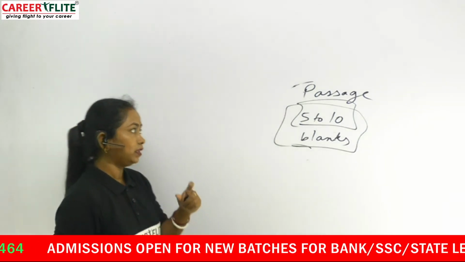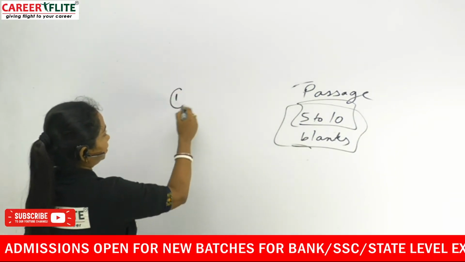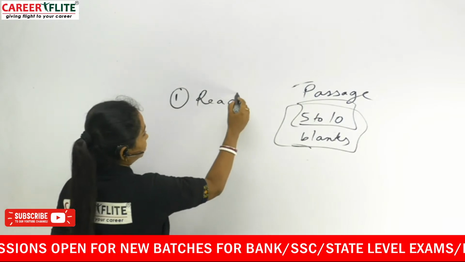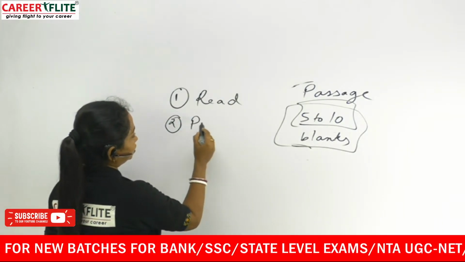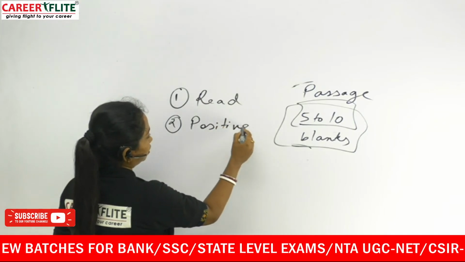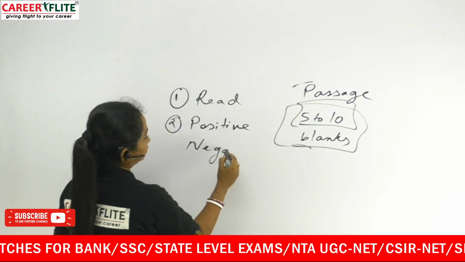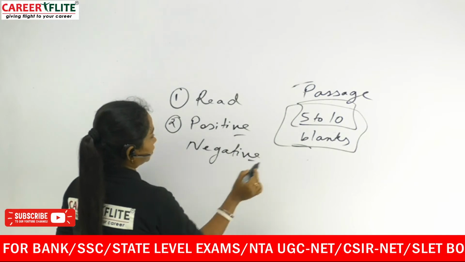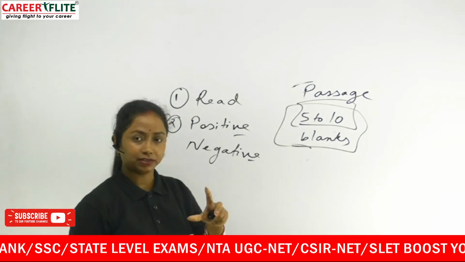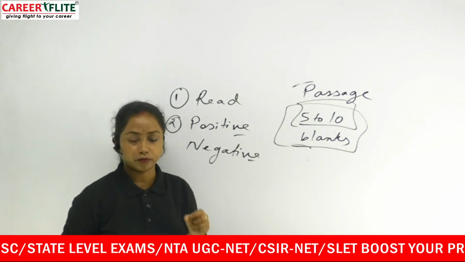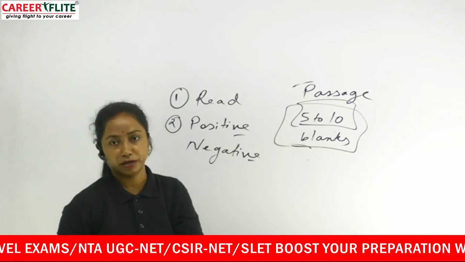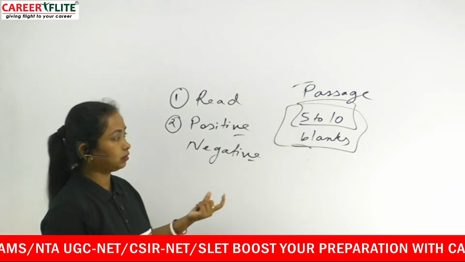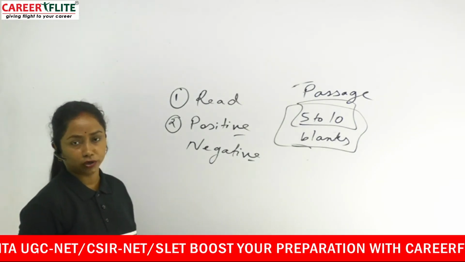So you can do one thing. First step, we can read the whole passage. Second, we need to understand whether the passage is of a positive tone or a negative tone. If you decide that the passage is of a positive tone, we will search for words which have a positive meaning, and we will fill the blanks according to those words only.